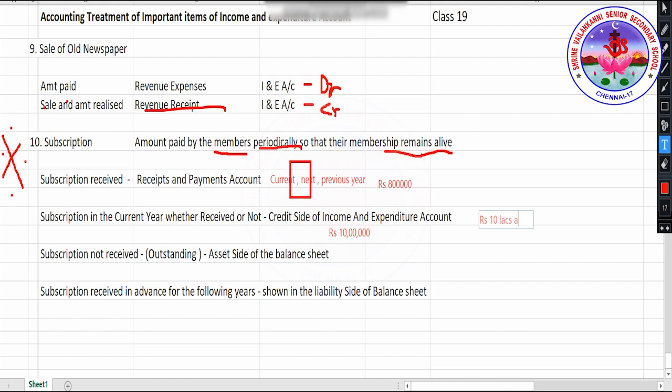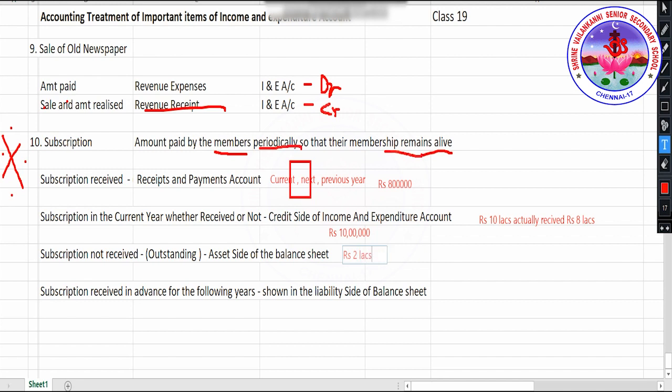But how much is actually received? Rupees 8 lakhs. There is a shortage of 2 lakhs, which is outstanding. That is to be shown on the asset side of the balance sheet, which is 2 lakhs.